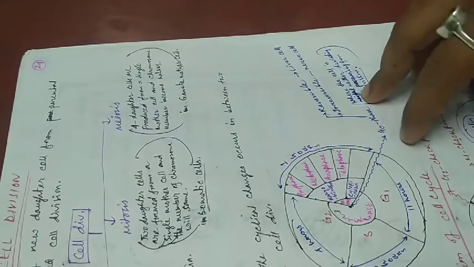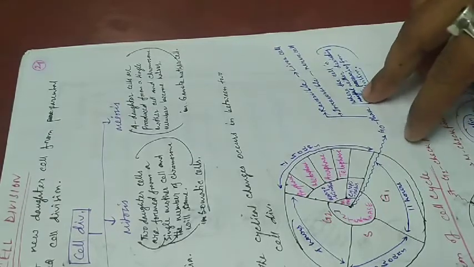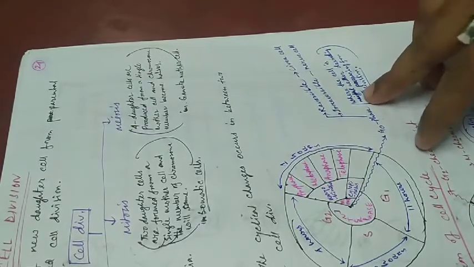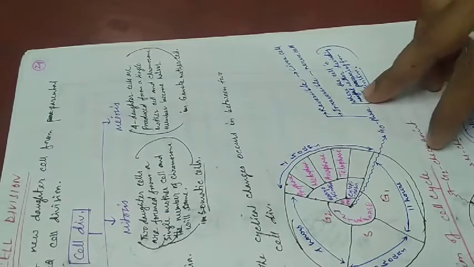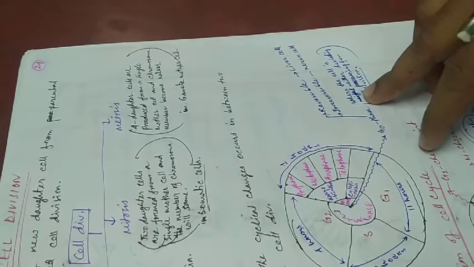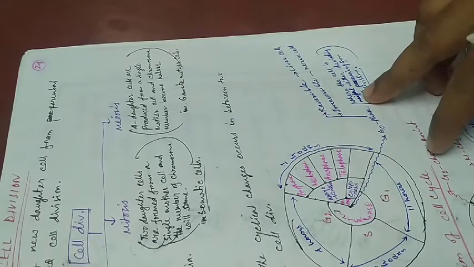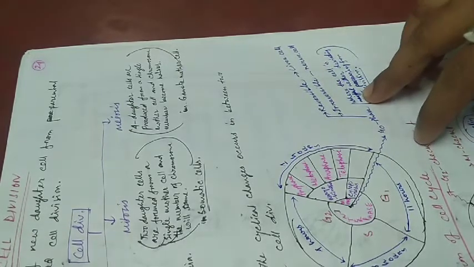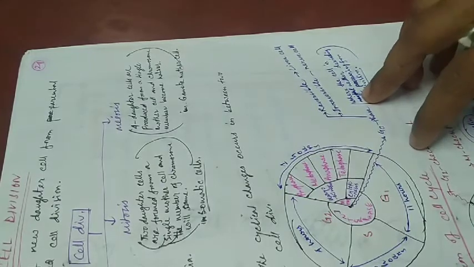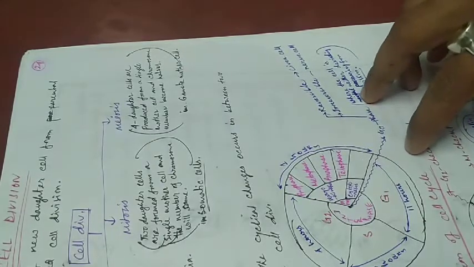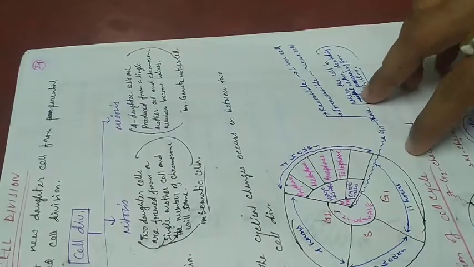Then the chemical components of the cell wall are deposited on the cell plate, and it elongates to two sides. When the cell plate is attached with two sides of the cell, two daughter cells are produced.